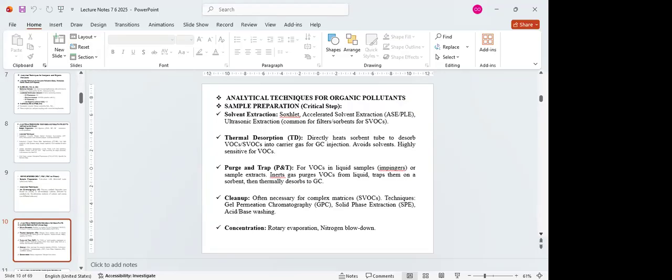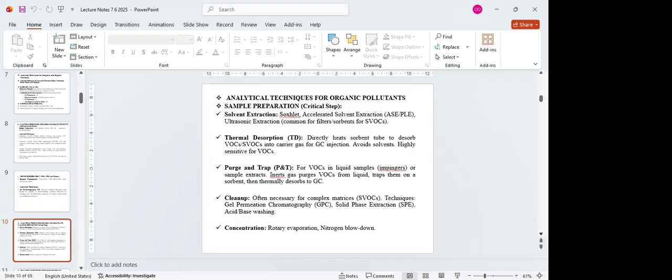Now, one of them, under sample preparation, is solvent extraction. After we have collected all the deposited material or the pollutant material, we are supposed to look at the way by which we can extract our pollutant of interest.